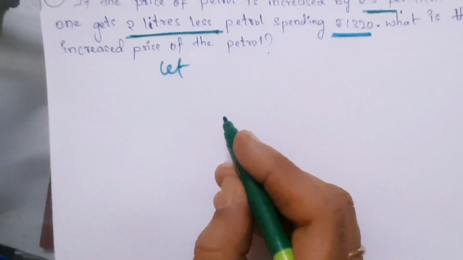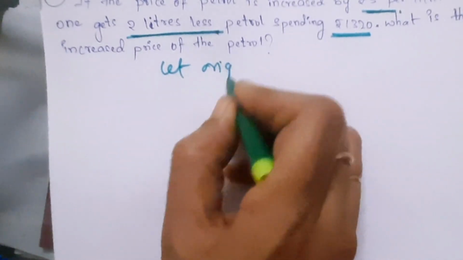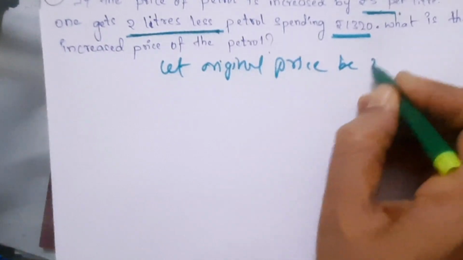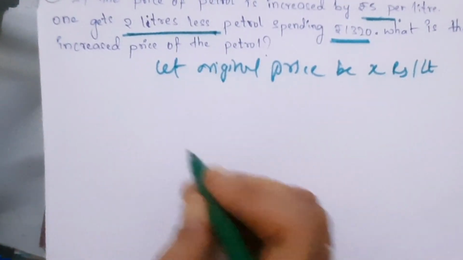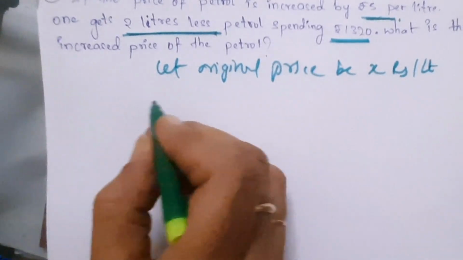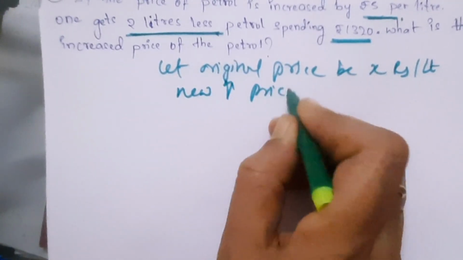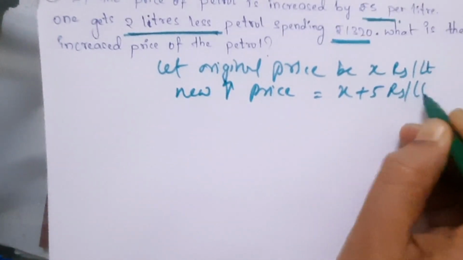Let the original price be X rupees per litre. So the new increased price is X plus 5 rupees per litre.